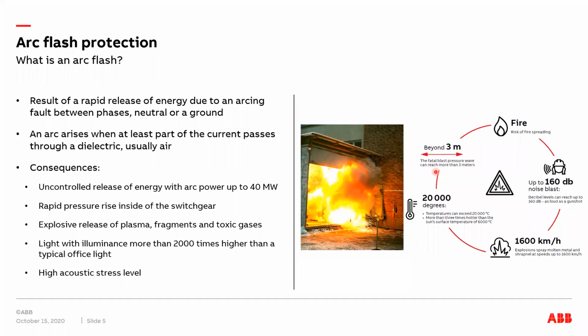Explosive release of arc plasma, with very high temperatures, up to 20,000 degrees centigrade, molten metal fractions and shrapnel that flies around the switchgear room. Toxic gases as metal vaporizes are also present in the switchgear room. There's a very intense light and a high acoustic stress level, which are damaging your eyesight and your hearing.